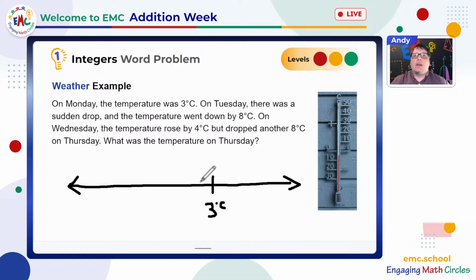So we went down by 8. 1, 2, 3 will get me to 0. Can't draw 0. And I still have 5 more to go. 1, 2, 3, 4, 5. So we're going to land on negative 5 degrees Celsius.